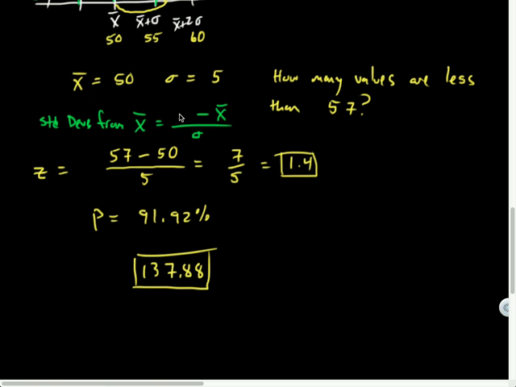I don't know if you want to call this plain old x, whatever point you're interested in, whatever data value. So if I take the location I'm interested in, measured in units, subtract the mean, and divide by sigma, that's going to give me the number of standard deviations from x bar, which then I could interpret as a t-value or a z-value, whichever I'm interested in at the time.